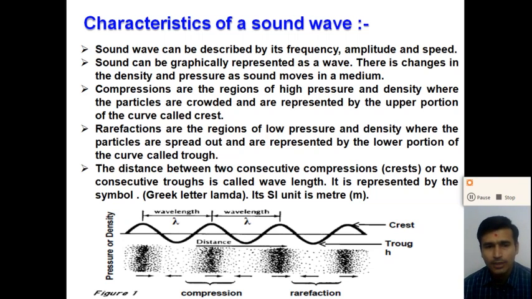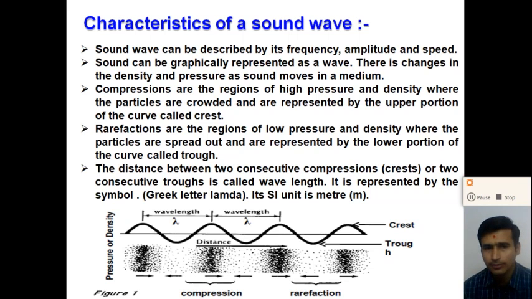So here the distance between two consecutive compressions, or we can say the distance between two consecutive crests, or the distance between two consecutive rarefactions, or two consecutive troughs, is called the wavelength of the sound wave, right? So what is the wavelength of the sound wave?